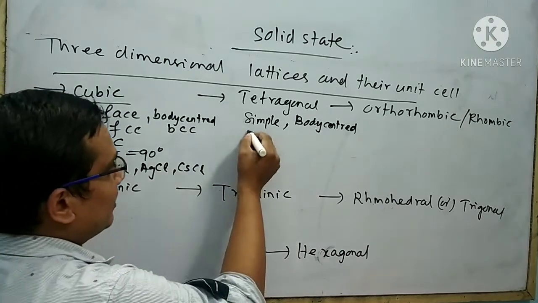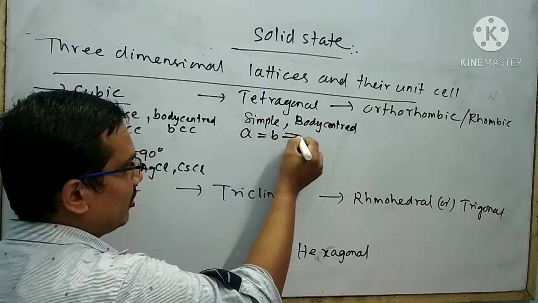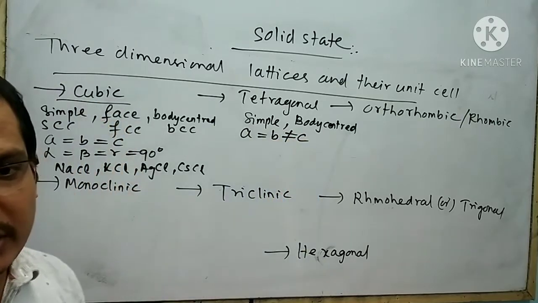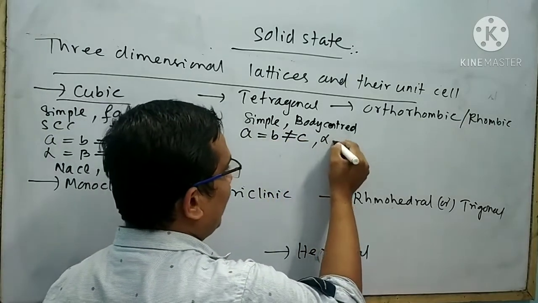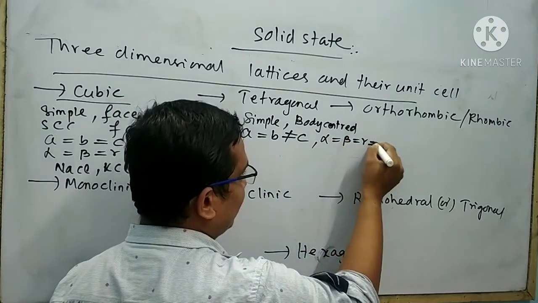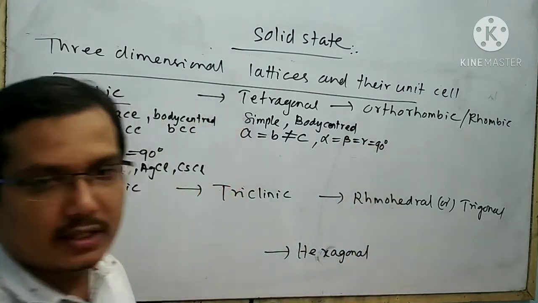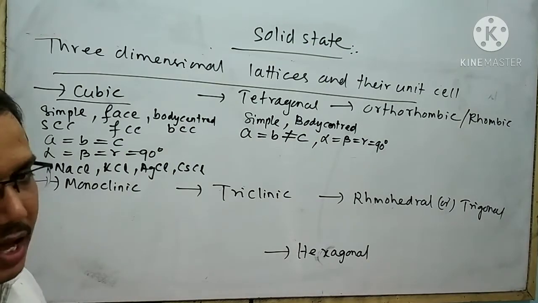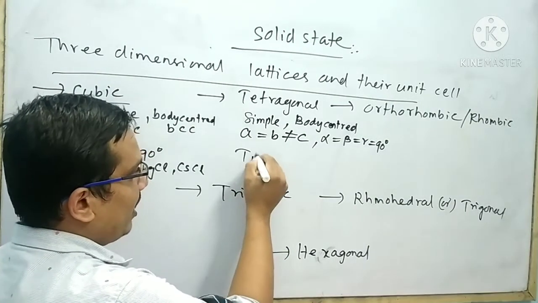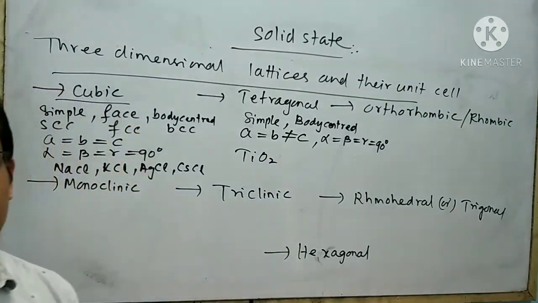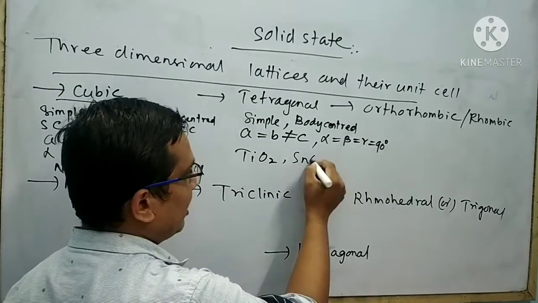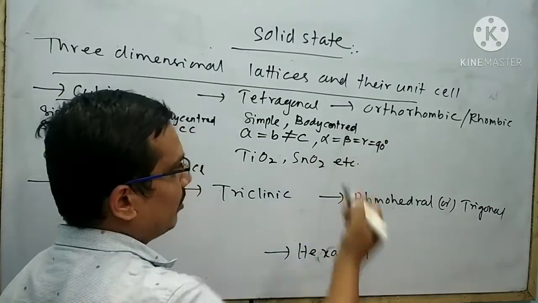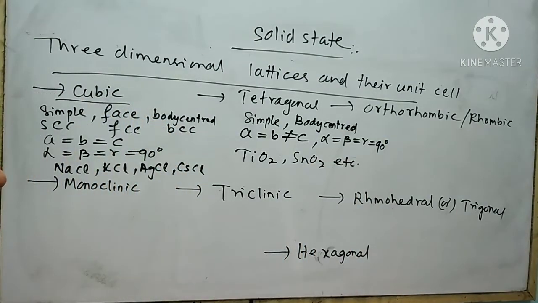In this case, a equal to b, not equal to c. Here, alpha equal to beta equal to gamma equal to 90 degrees. Examples of tetragonal are TiO2 and SnO2. You can think about other examples like this.